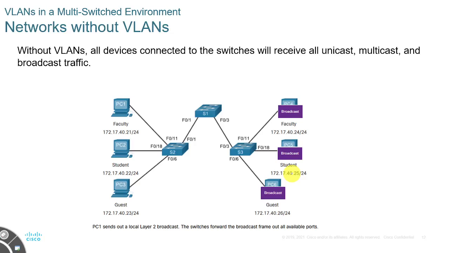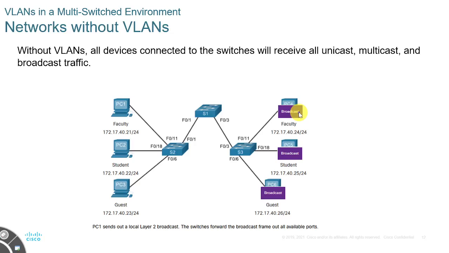So without the VLANs, for example, imagine that we don't have VLANs. We have these networks like that. Student, faculty, guest, student, faculty. We don't have VLANs. All devices connected to the switch will receive all the unicast, the broadcast and the multicast traffic.